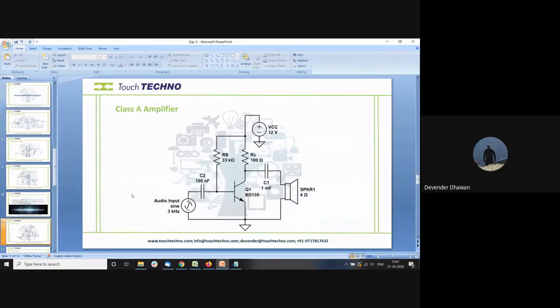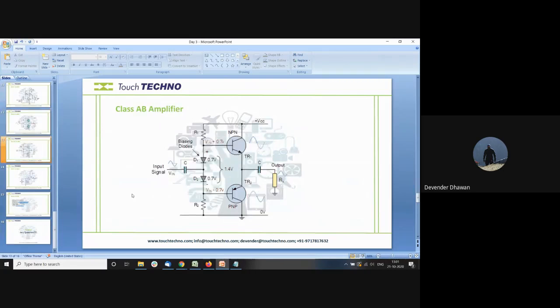Let's try this one, class A. We'll leave class C. We'll try to implement it in a few minutes.